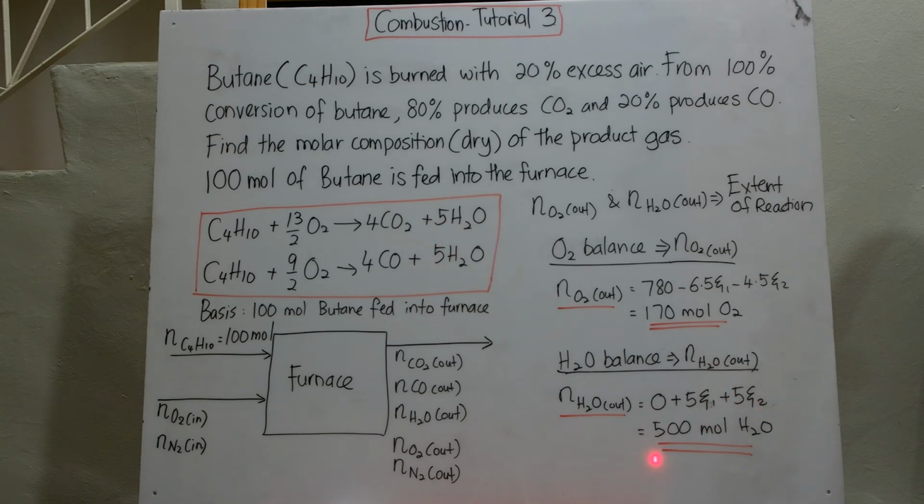So you obtain the water that goes out from the process equivalent to 500 mole H2O. So basically we have obtained all the information at the product line. This is using extent of reaction, but actually you can use atomic balance or molecular balance to solve this as well.